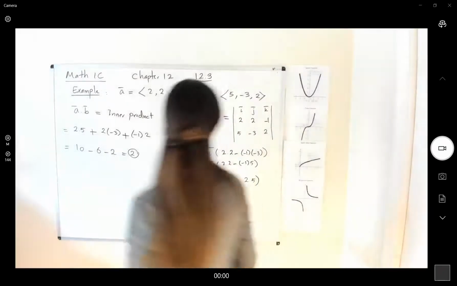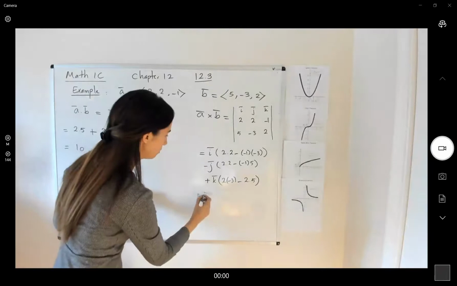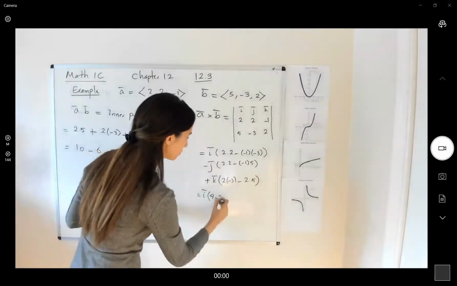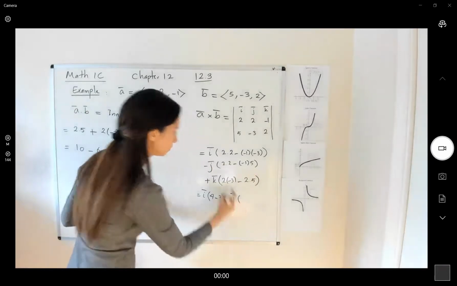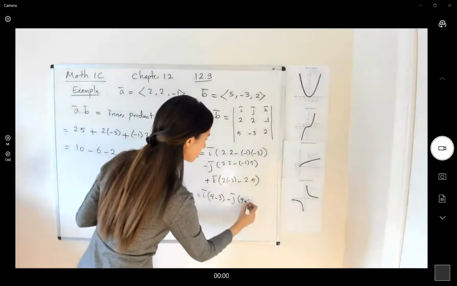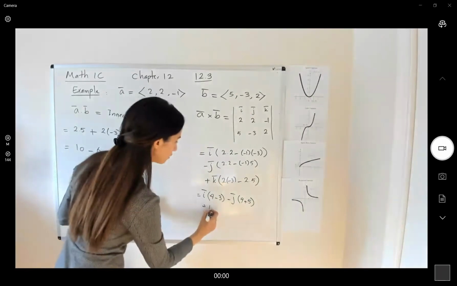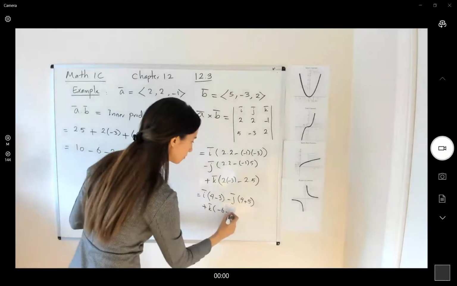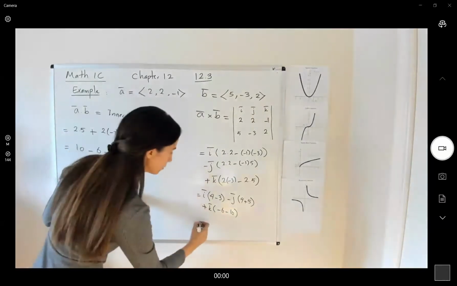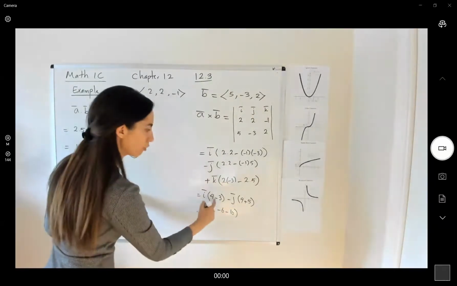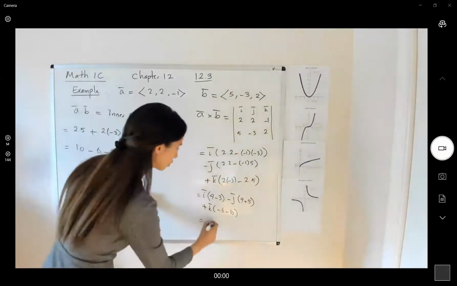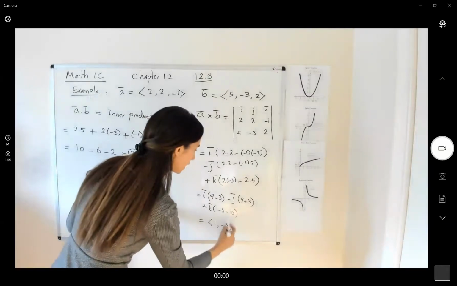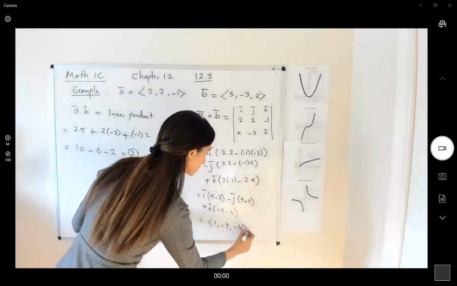Okay, so here you have i times (4 minus 3), minus j times (4 plus 5), and finally you have k times (negative 6 minus 10). So your vector is: 4 minus 3 is 1, so the first component is 1, the second component is negative 9, and the last component is negative 16.